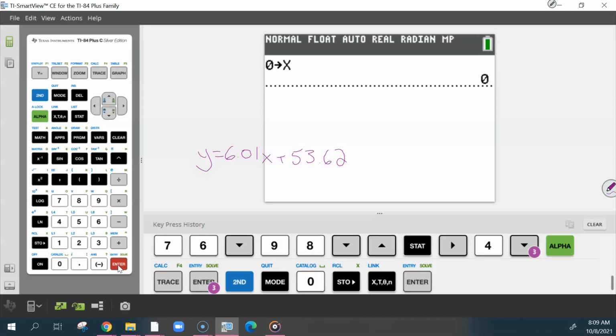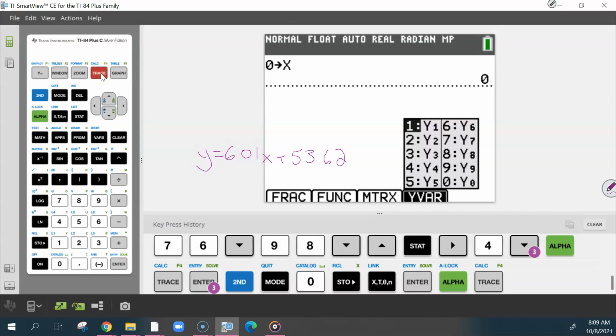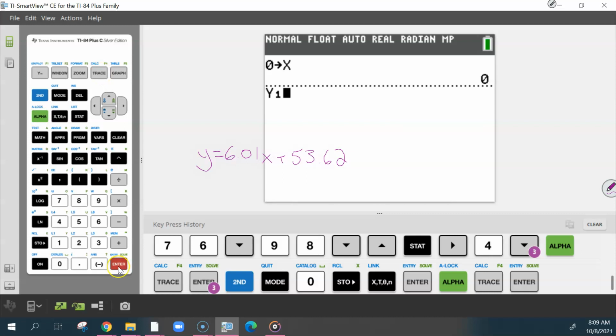We stored it in y1 unless you stored it somewhere else. So I'm going to go back to alpha trace and hit y1. Remember, that's our equation with all of our decimals that has the variable x in it. Now we're saying that x is 0, so it's going to solve this for me when x is 0.